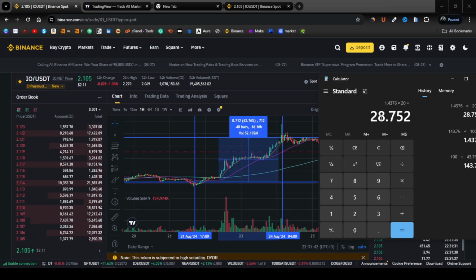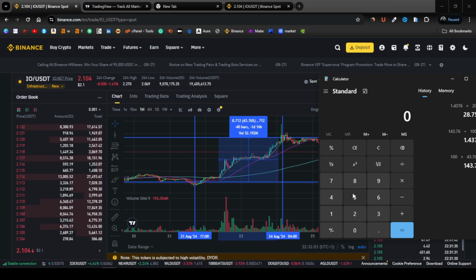So you could have increased your portfolio with $8 within 4 days or less, right? Now we are only assuming that you're trading with the amounts that you can afford and the amount that you have. So you can do the math.